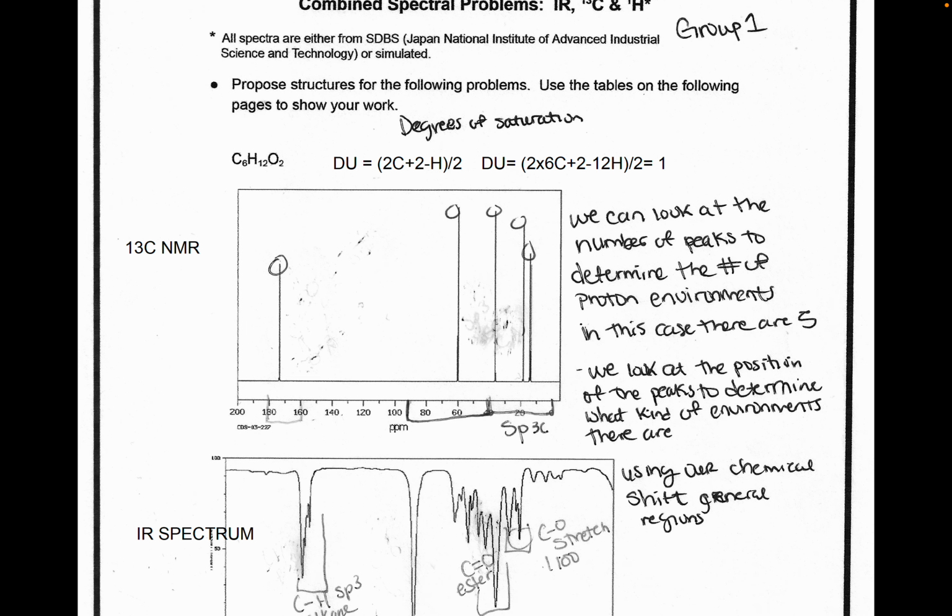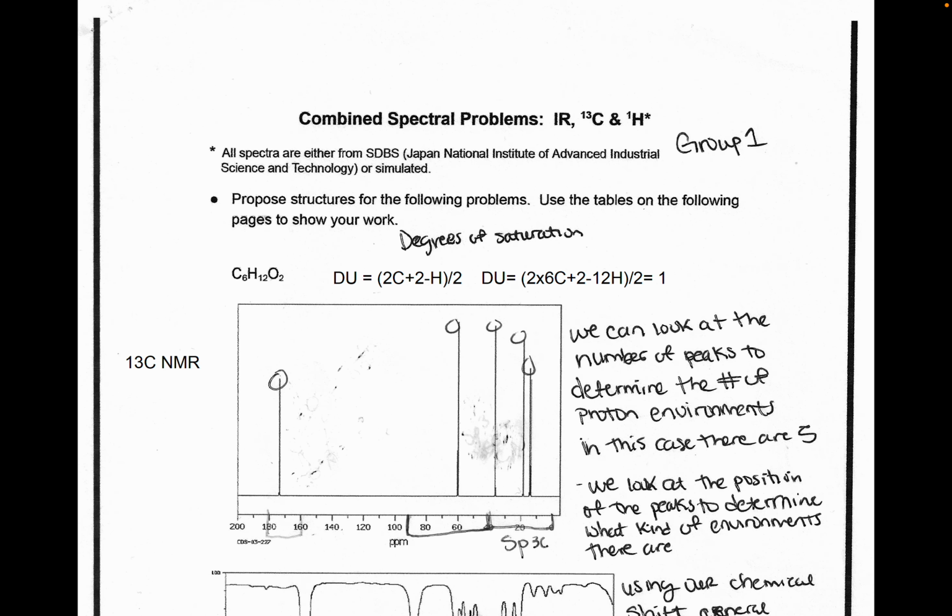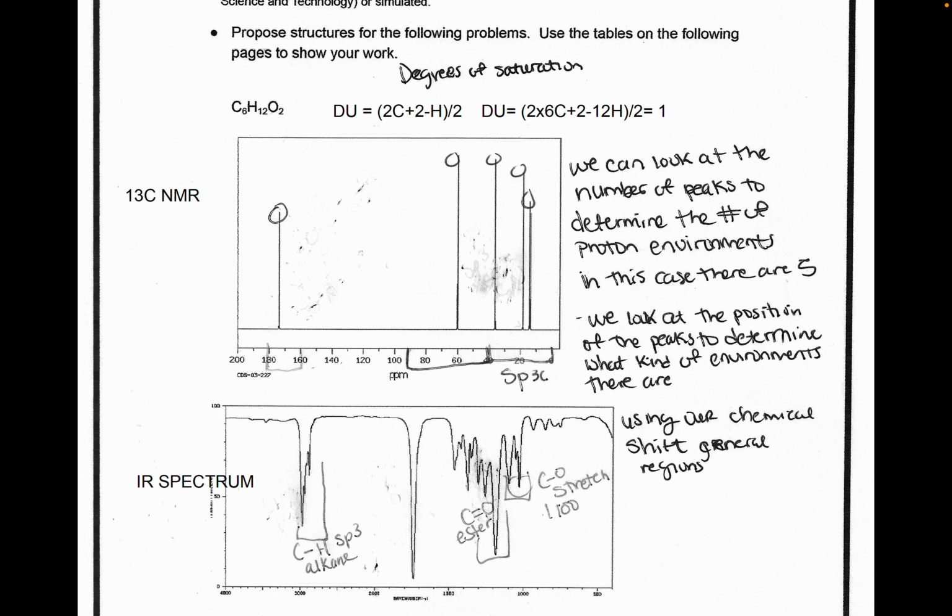Next, I look at my IR spectrum here, and the IR spectrum gives you information about your functional groups based on bond vibrations. There are 2 big clues here that I noticed. A broad peak here around 3300 to 2500 centimeters, which typically points to an OH stretch, especially from a carboxylic acid.